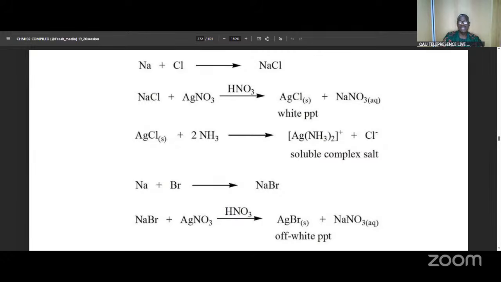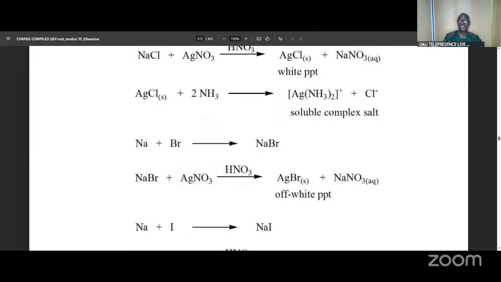If that precipitate dissolves, that is, you have a soluble complex salt, Ag(NH3)2, then you are sure your compound of interest is chlorine. That is, chlorine is there.